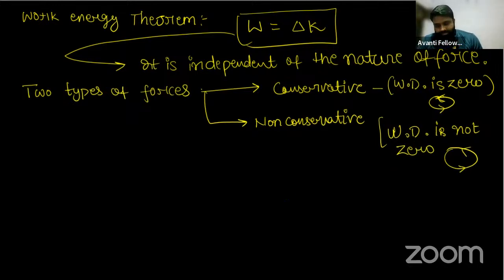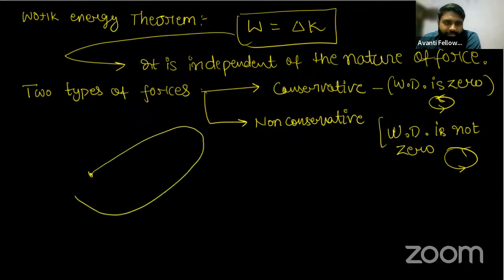If you take a body and complete a cycle, which means you have started from somewhere, covered some path and reached the same point, then you have completed a cycle. If this motion is done by a conservative force field, then the final work done which you will calculate is zero.